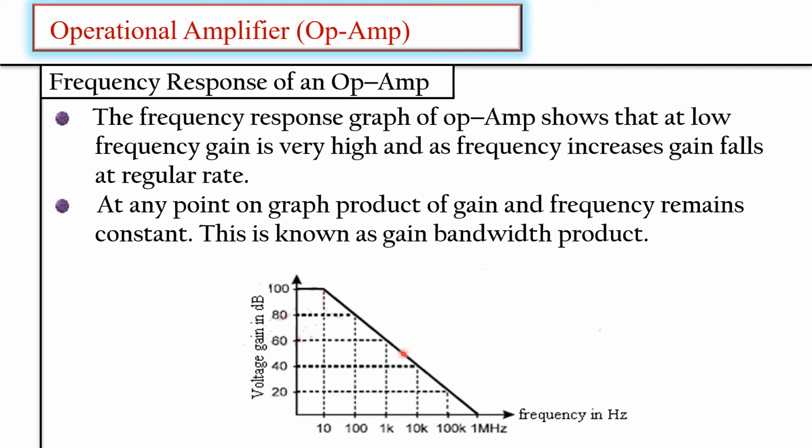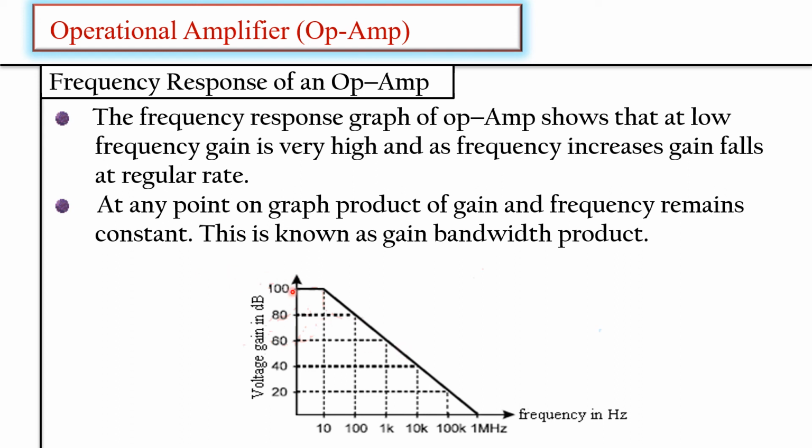So far we have assumed that the gain of the op-amp is very high and that it has a very high bandwidth. Bandwidth is nothing but a range of frequencies, and we have assumed that the gain of the op-amp is constant up to a certain band of frequency.